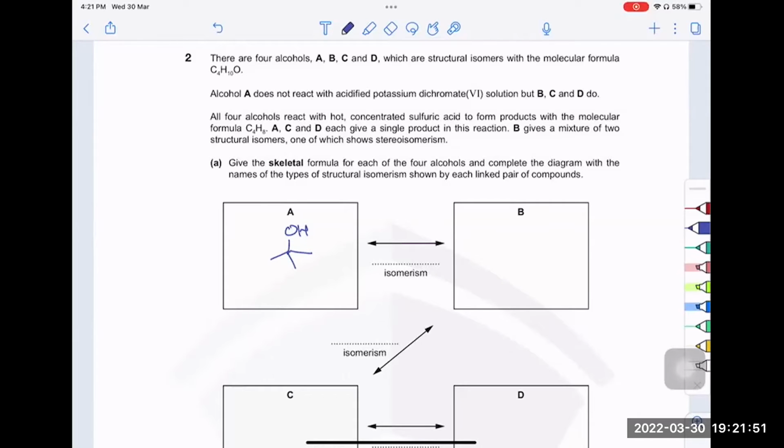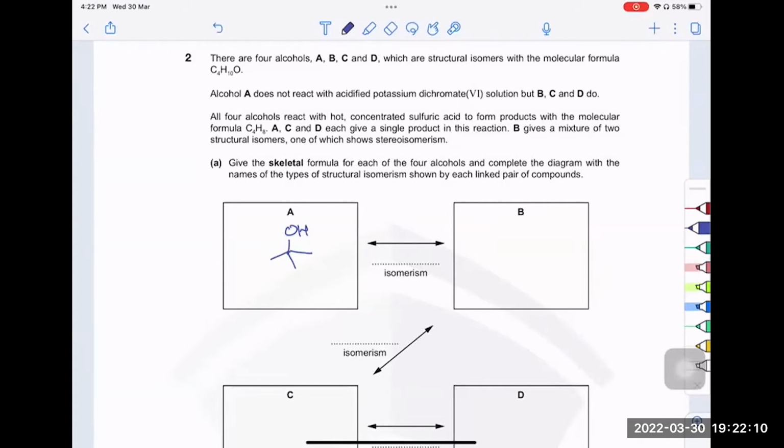B, C, and D do react, which means B, C, and D are secondary or primary. All 4 alcohols react with hot concentrated sulfuric acid to form products with molecular formula C4H8. So all of them do undergo elimination reaction, forming alkene. A, C, and D each give a single product.